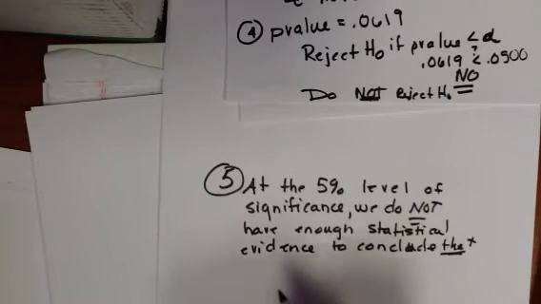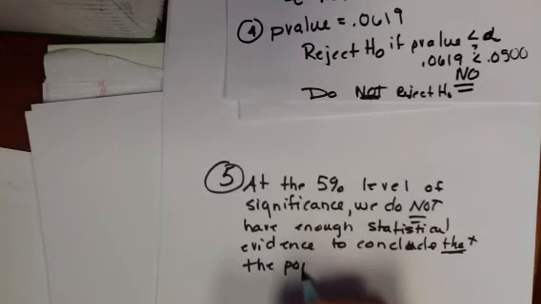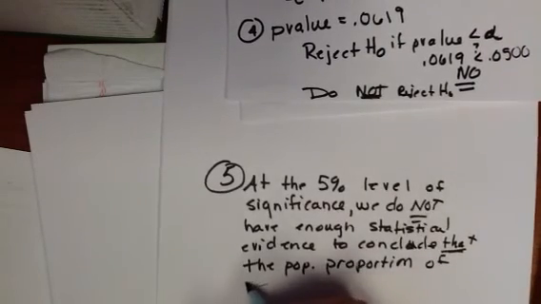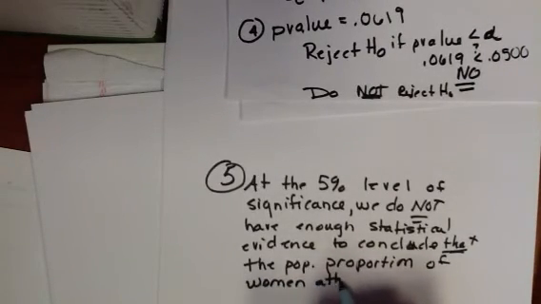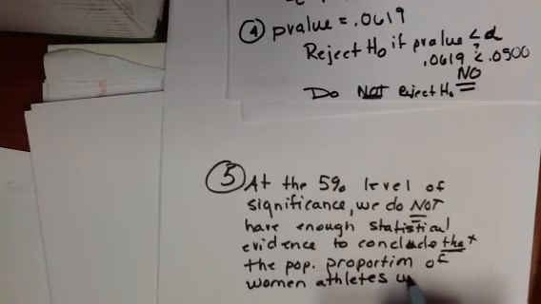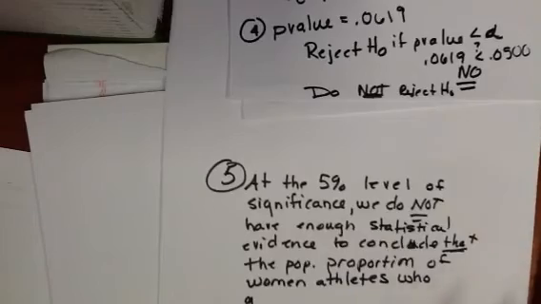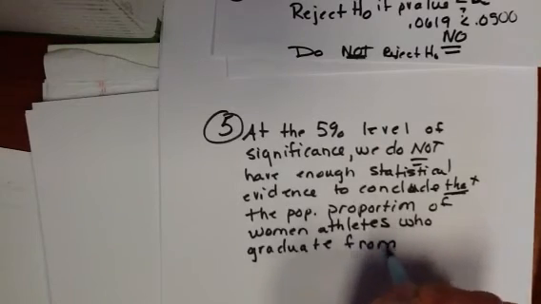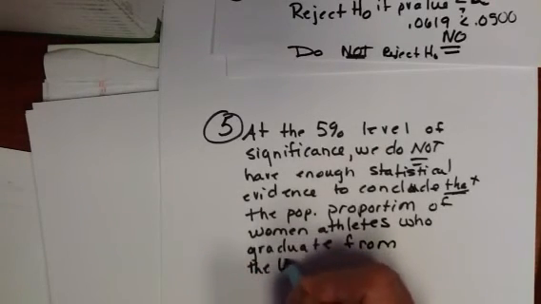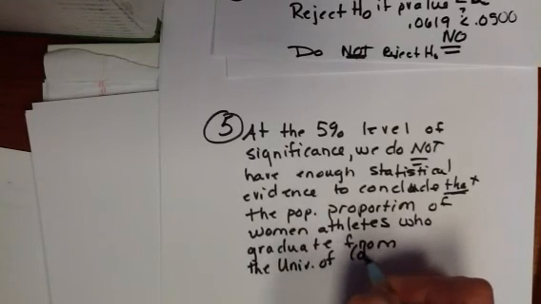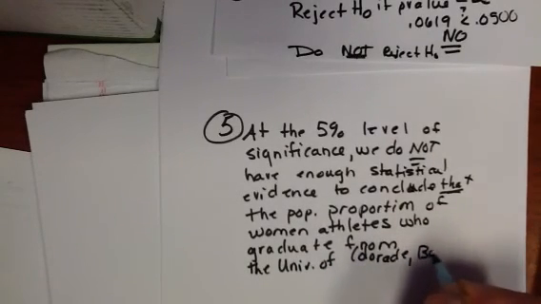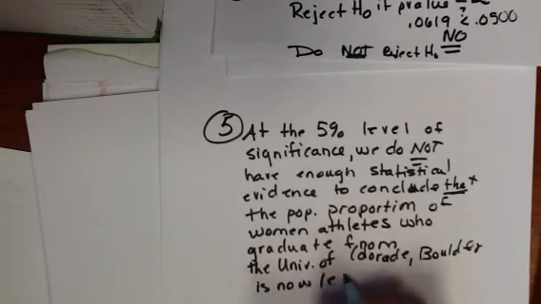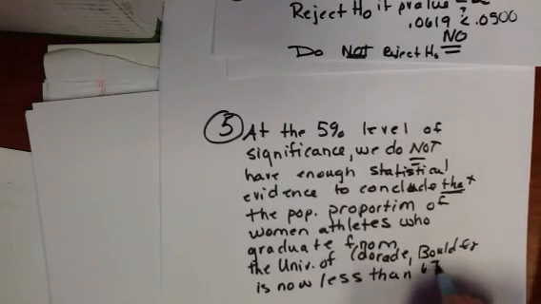So, we do not have enough statistical evidence to conclude that the population proportion of women athletes who graduate from the University of Colorado Boulder is now less than 67%.